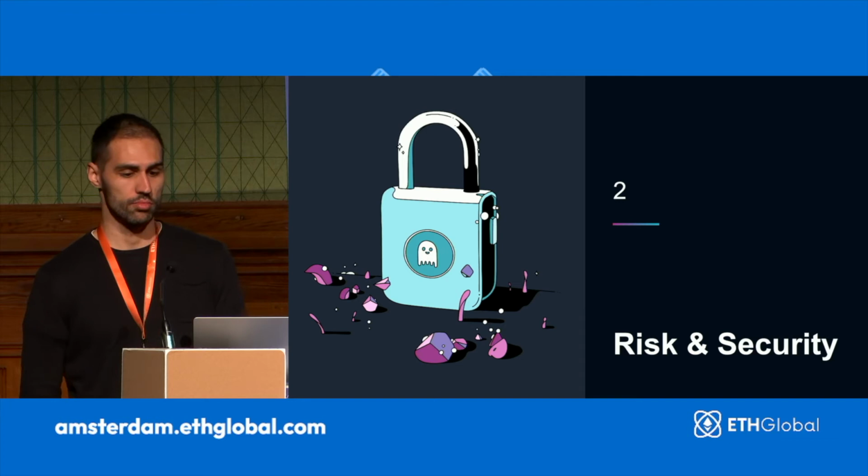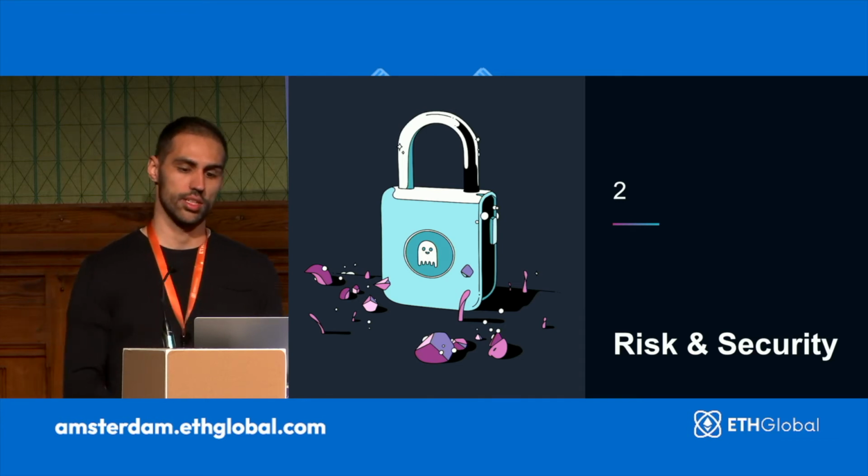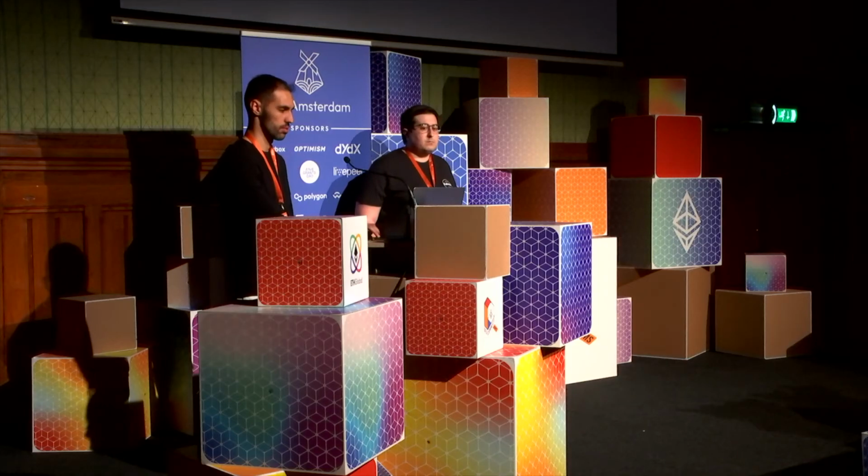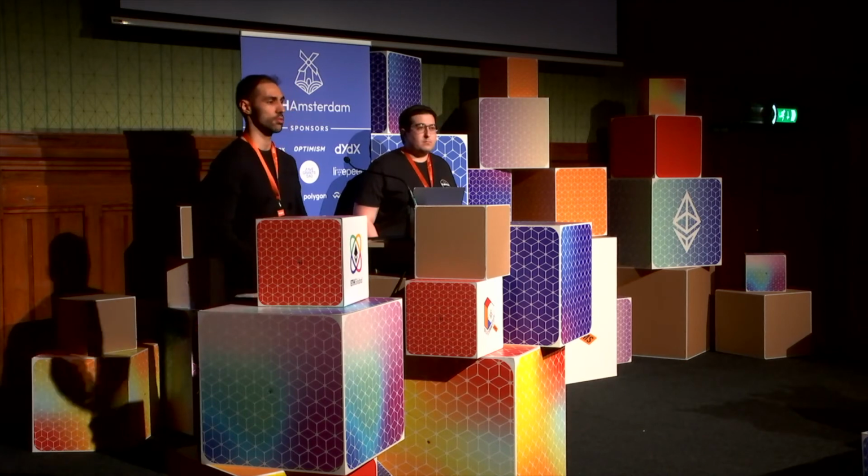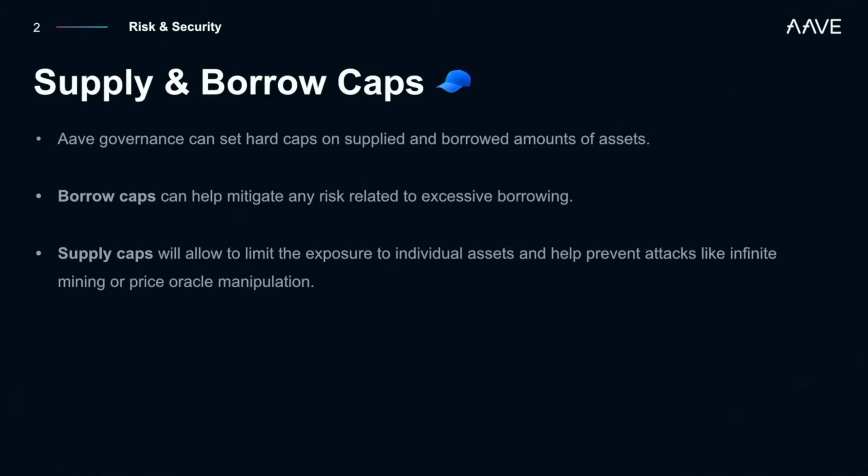Now, more on the risk and security side. First, we have the supply and borrow caps. This security measure is pretty intuitive, because it allows the community to set hard caps on the amount of supplied assets and borrowed assets.